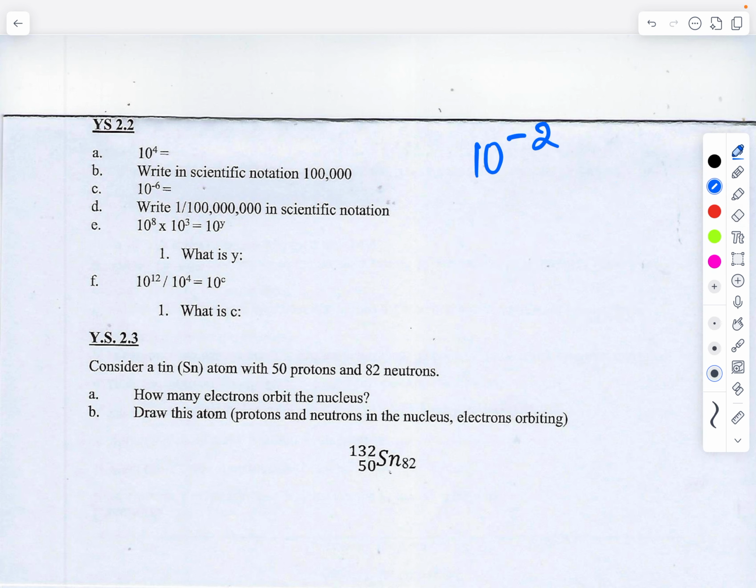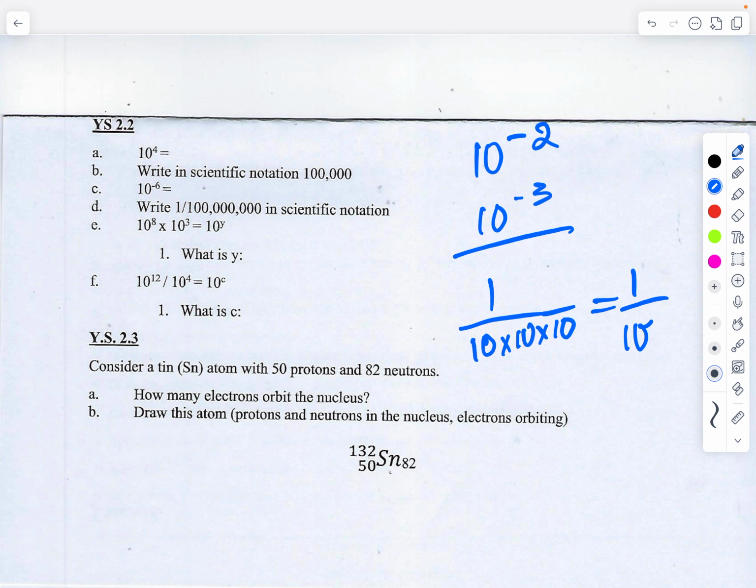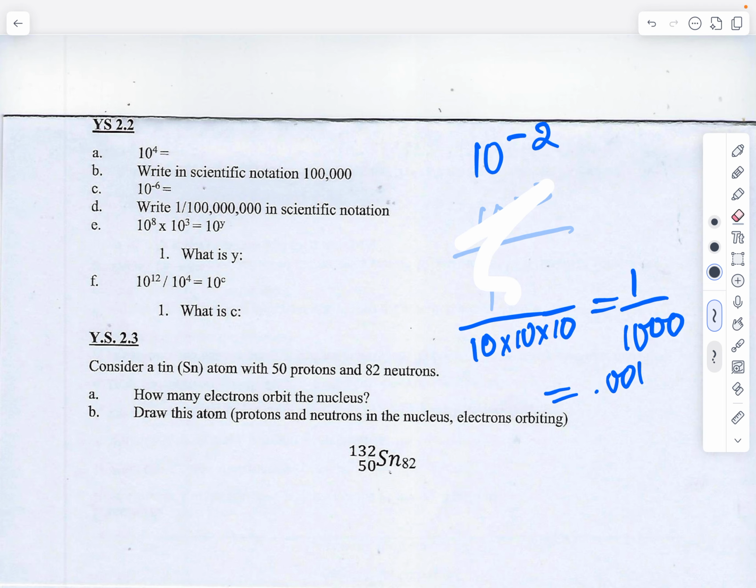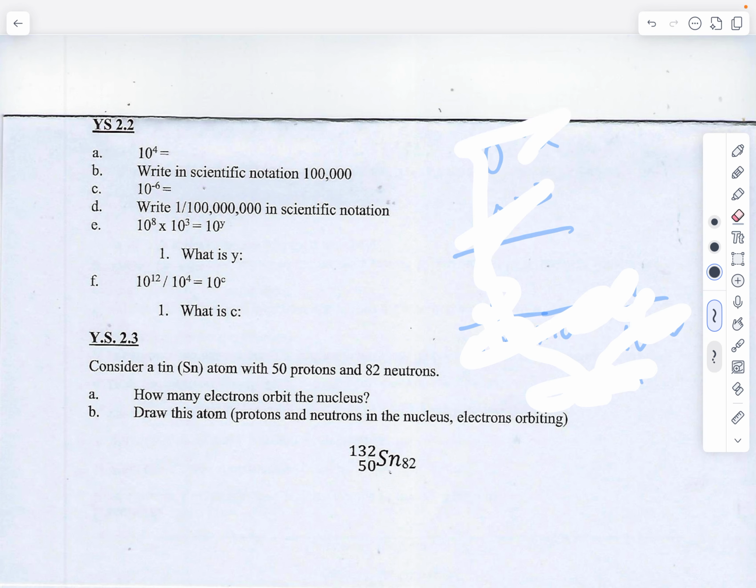And if it's 10 to the negative 3, it should be 1 over 10 times 10 times 10, 1 over 1,000, equals 0.001. That is how the notation works. It's basically 10 times 10 as many times as the exponent.